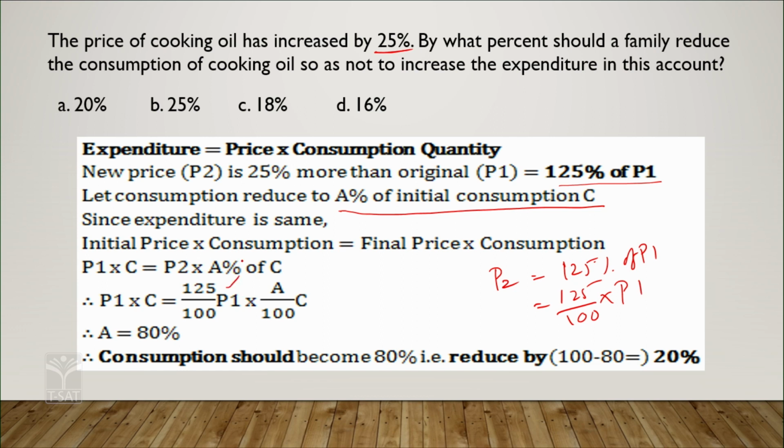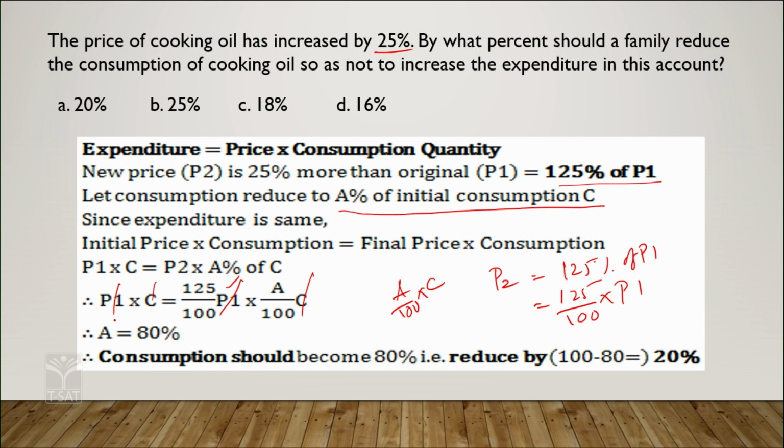And A% of consumption C means A by 100 into C. So, 125 by 100 into P1 into A by 100 of C. As you know, you can simply calculate it: this C and this C will get cancelled, this P1 and this P1 will get cancelled.